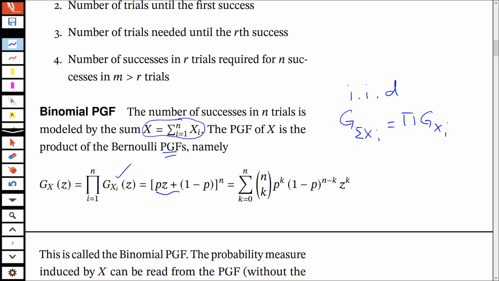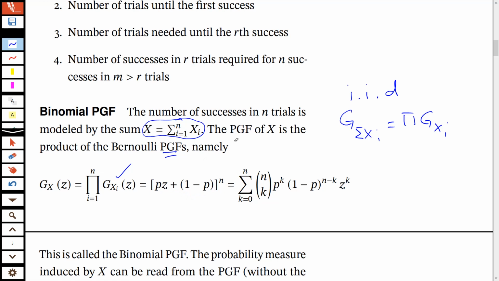The PGF of each one of them is p times z plus 1 minus p times 1, where p is the success probability. And I raise this to the nth power. And that's it. Now I have my PGF for the number of successes.